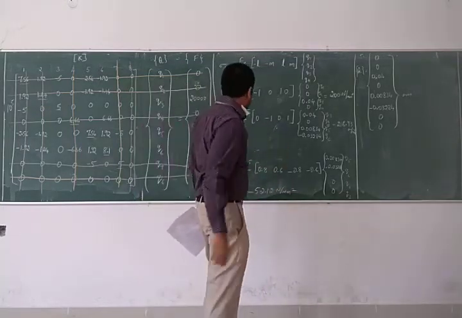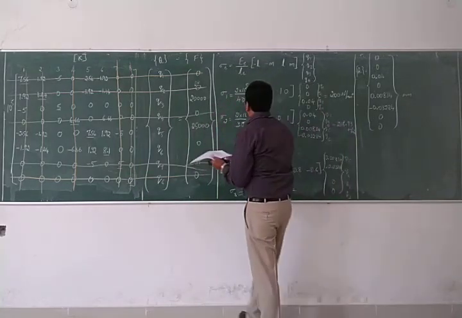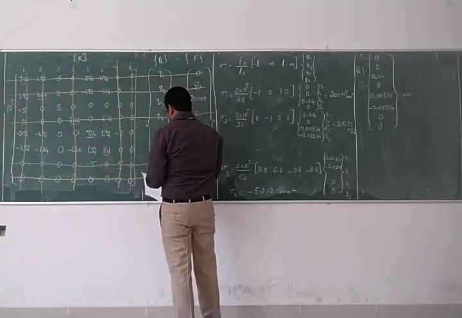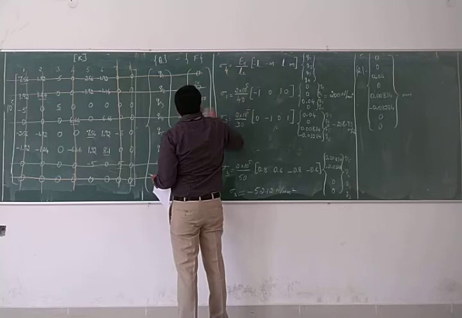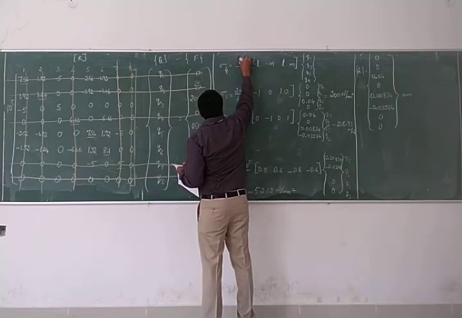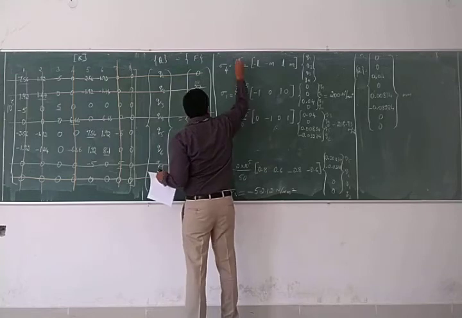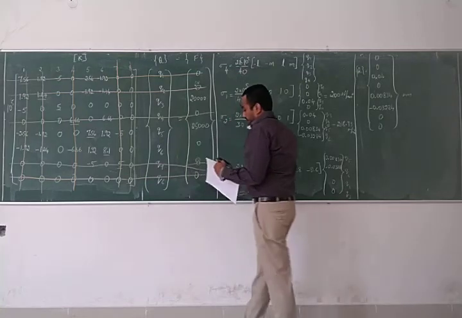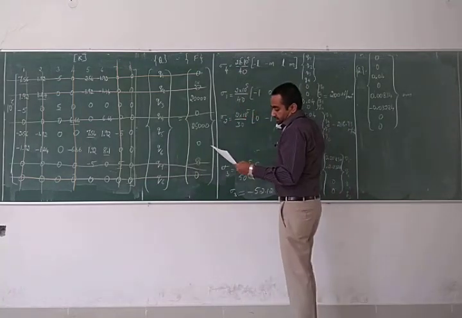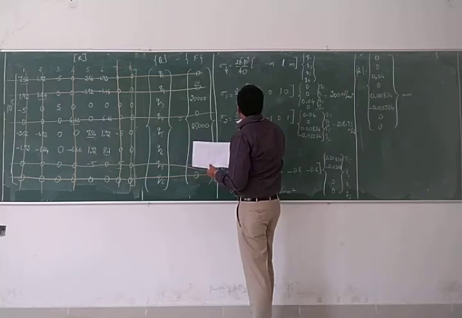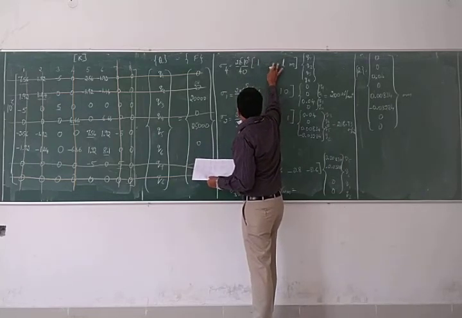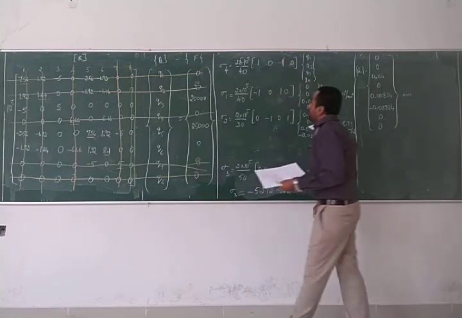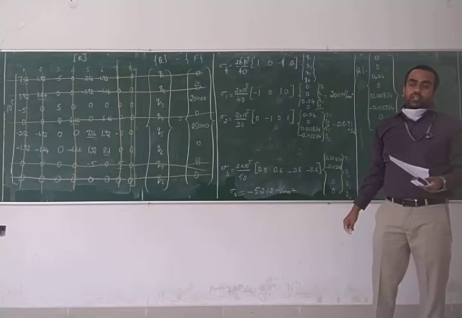Now finally, for element 4, I will write it here itself. E value remains the same. L value is 40. So 2 into 10 to the power of 5 divided by 40. So minus into minus plus 1. This is 0. This is minus 1. This is 0. The nodes are 3 and 4.